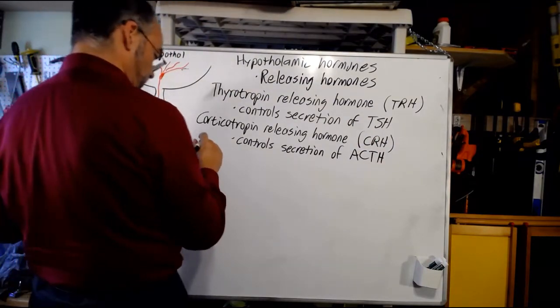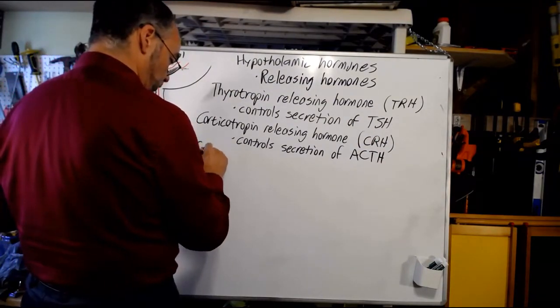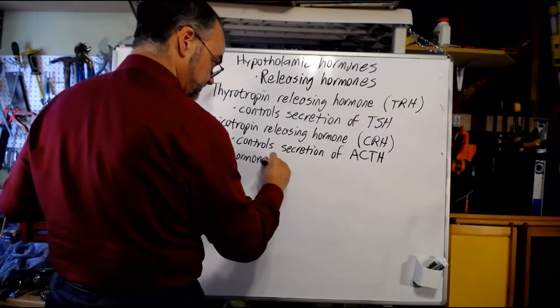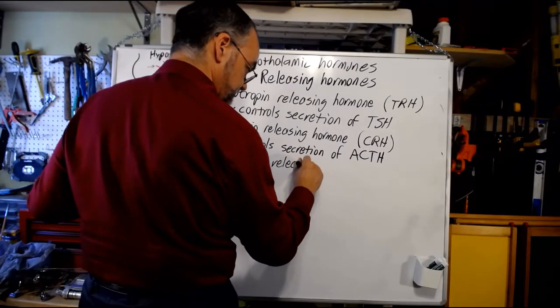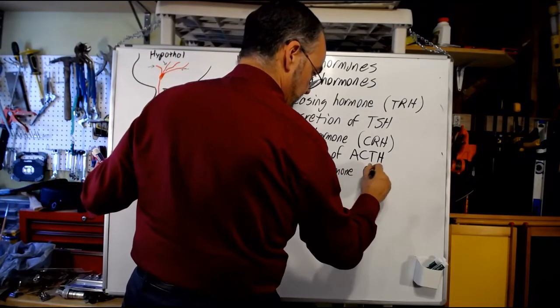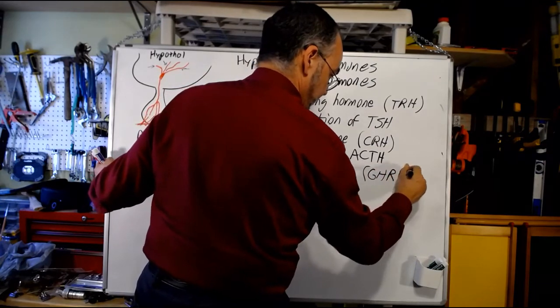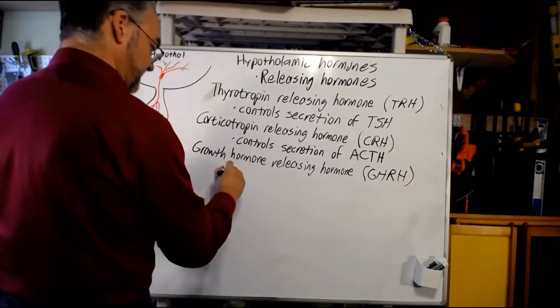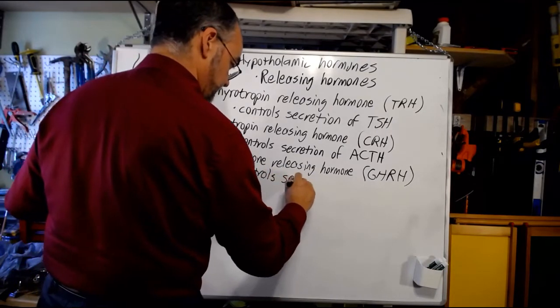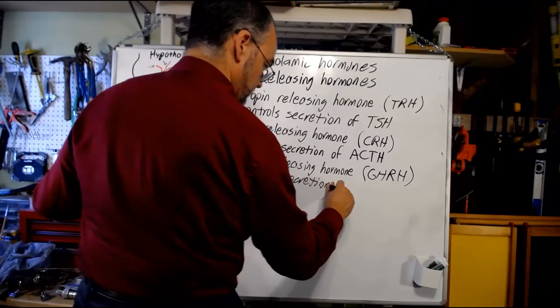So we've got another one, growth hormone releasing hormone, known as GHRH. You might be able to guess that controls the secretion of growth hormone.